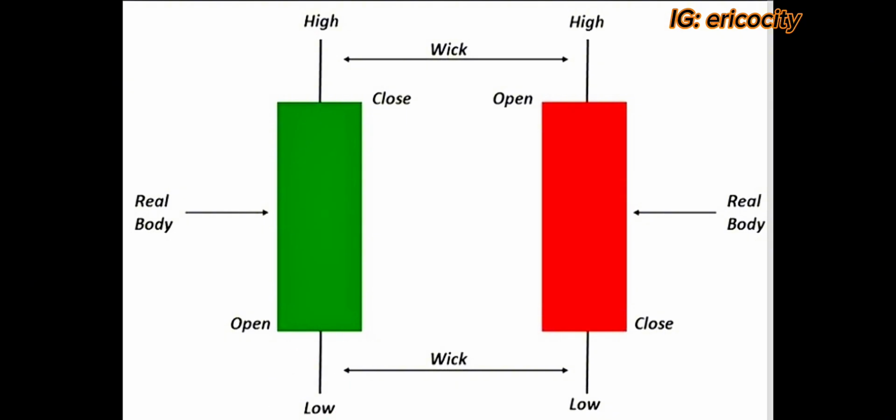And the upper wick is how high price got to before coming a bit down and closing at the top of the candlestick. Conversely, the bearish candle opened right at the top of the real body. The upper wick is how high price got to before selling all the way down. And the lower wick is how low price got to before going a bit up and closing right at the bottom of the bearish candlestick.